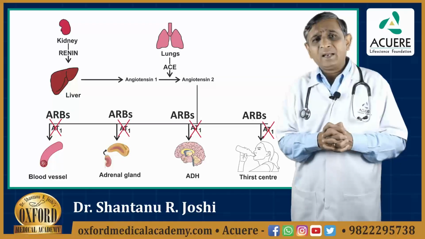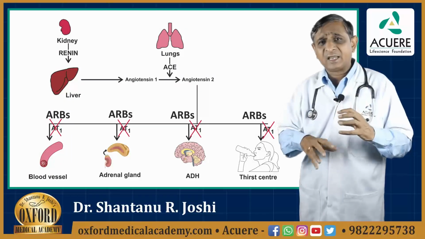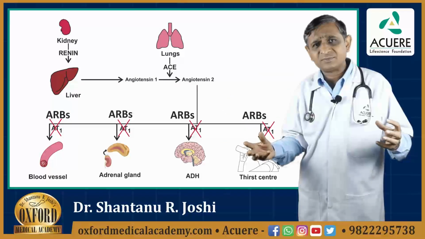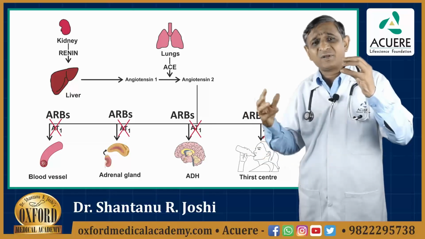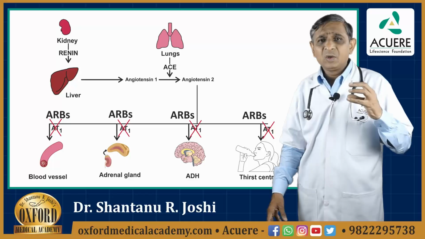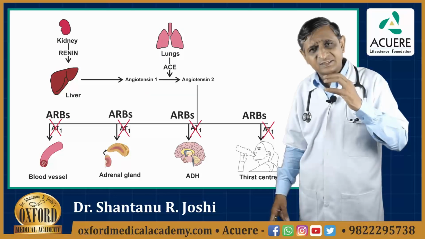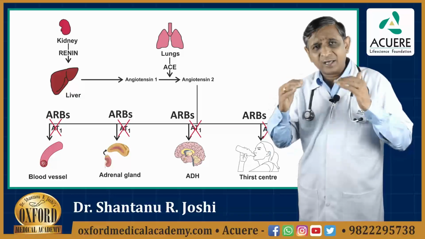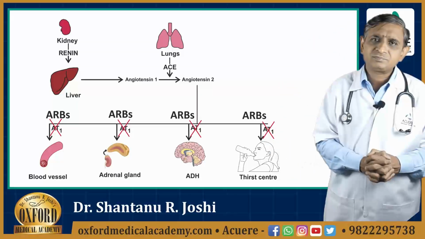If you go in detail, if you block the actions of angiotensin II in the peripheral blood vessels, there will be decrease in the total peripheral resistance by dilating the peripheral blood vessels. When the peripheral blood vessels are dilated, total peripheral resistance reduces. There will be reduction in the systolic blood pressure and diastolic blood pressure.